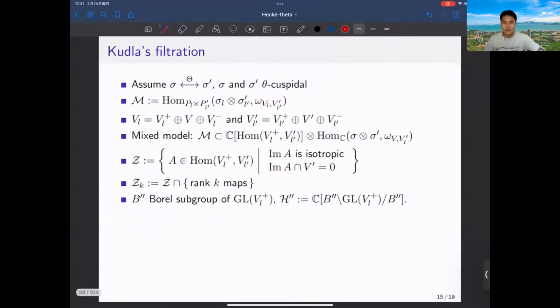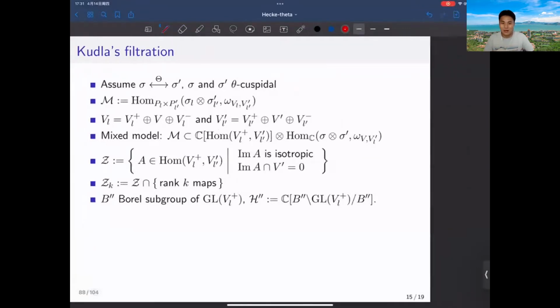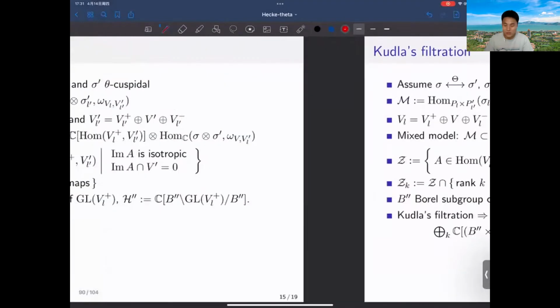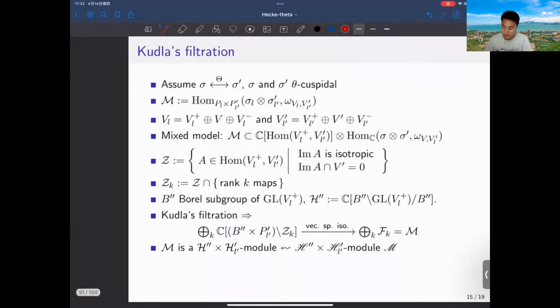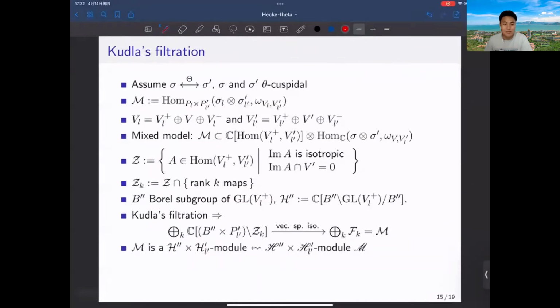And then we will actually have a smaller Borel subgroup and GL(V_L) plus act on it. So the Kazhdan filtration basically tells you that you will have a very explicit vector space isomorphism between the orbit space and the multiplicity space. And then this M is actually already a smaller Hecke algebra.